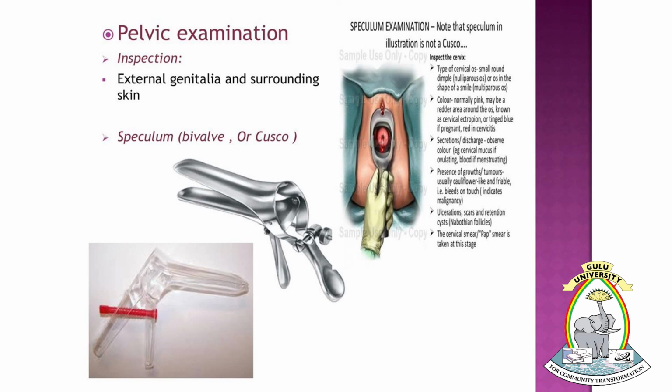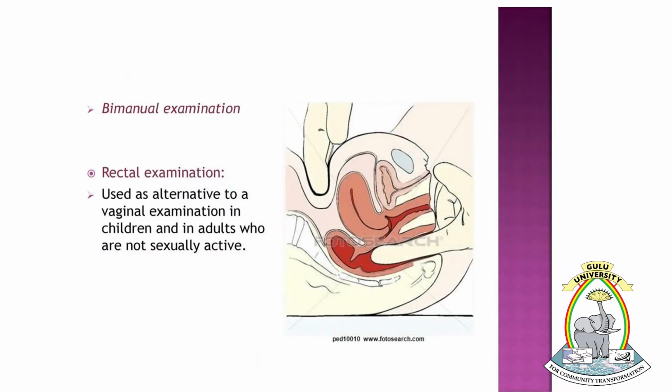Of course, when you're doing a pelvic examination, it's important to look at the genitalia. You need to comment about the skin of the genitalia. In most cases, you hear people say the vulva and vagina are normal. But sometimes there are conditions that are there, but you don't pay attention to them. It's important that you actually look at them.